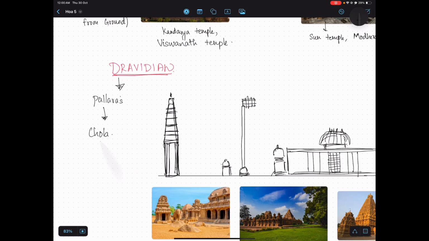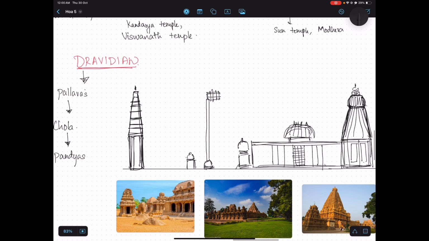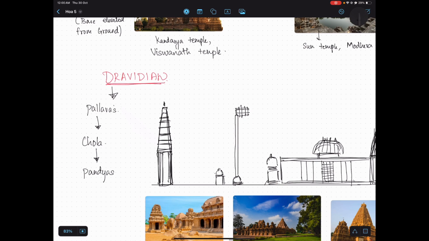It's mostly flourished by Cholas, and then it was followed by the Pandya. So in Pallava architecture, you can find two categories. One is rock cut or cave kind of structures, and the other is the freestanding temple.